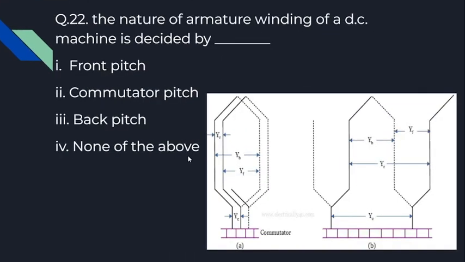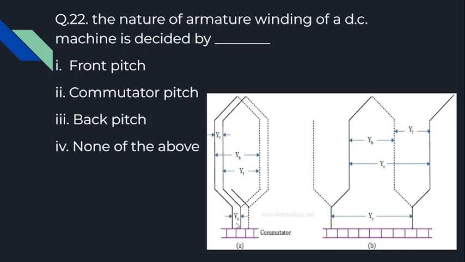The nature of armature winding of a DC machine is decided by dash. Nature in the sense whether it's a lap winding or a wave winding. So how to make that decision? By looking into the armature winding. Look at this, I have both the windings here. Here we have almost the same back pitch, and the front pitch also looks the same, whereas the commutator pitch is totally different.